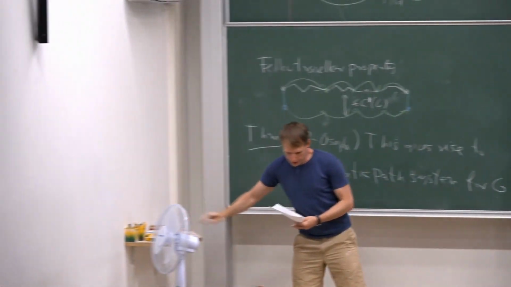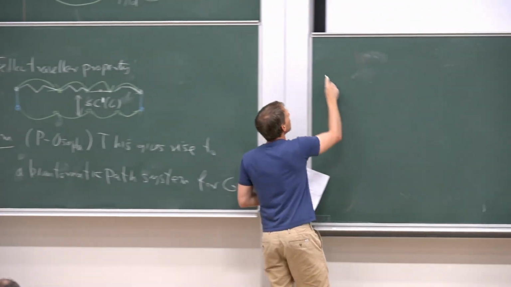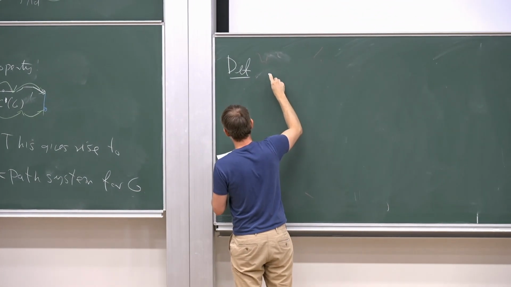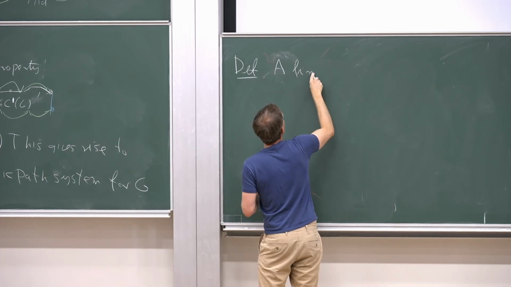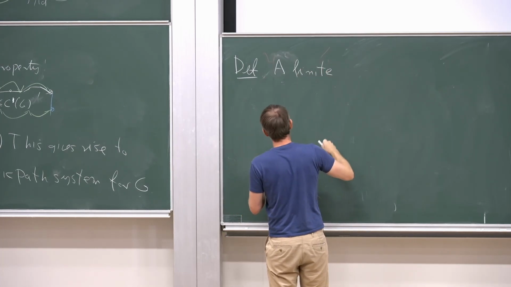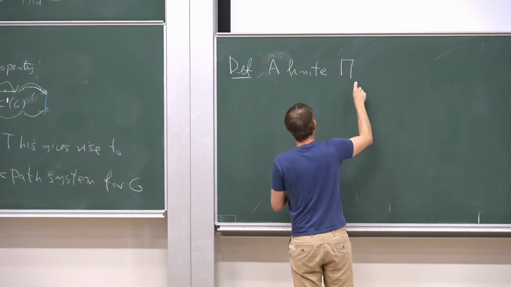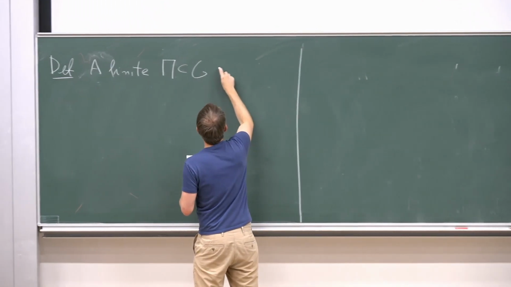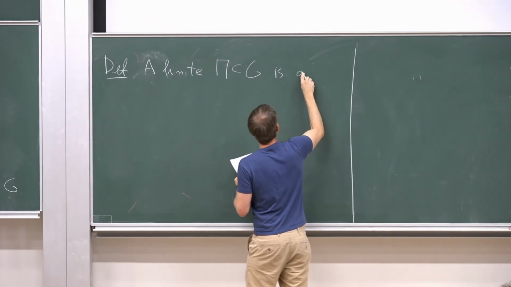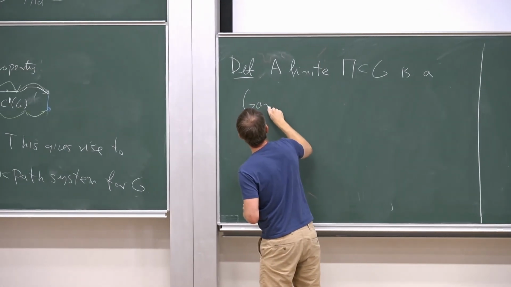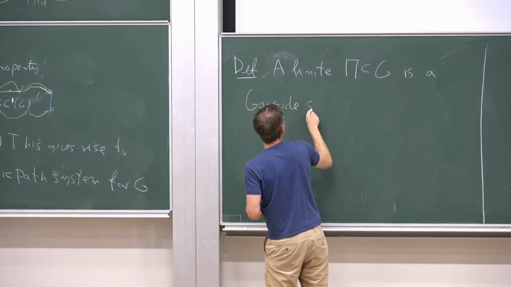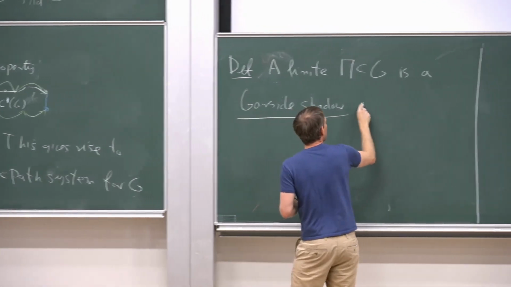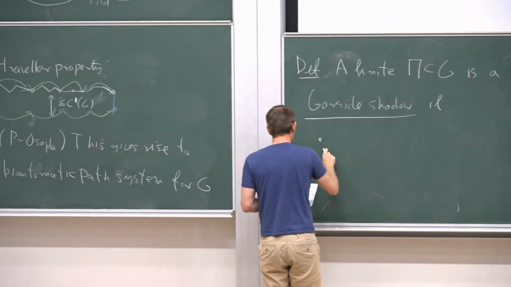This was introduced by Dyer and Holbeck. So, a finite subset, pi, inside the Coxeter group, is a Garside shadow if the following three axioms are satisfied.